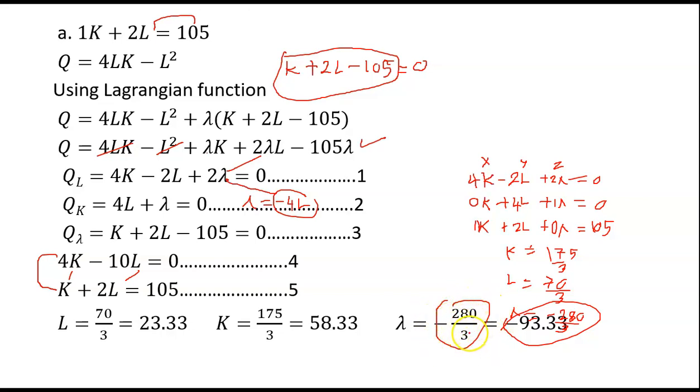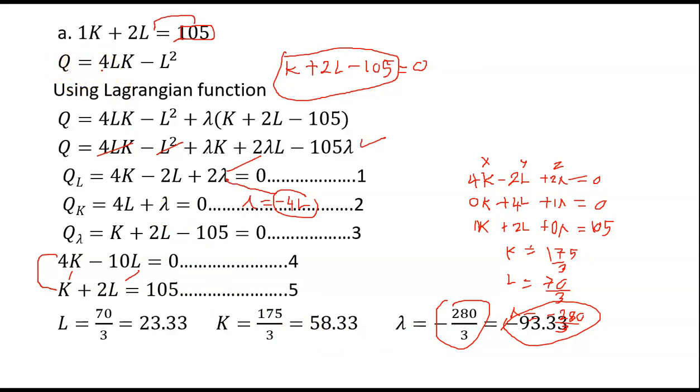What this means is that if there is an increase of 1 in the constant of the constraint function, it means that there will be an increase of approximately 93.33 in the objective function.